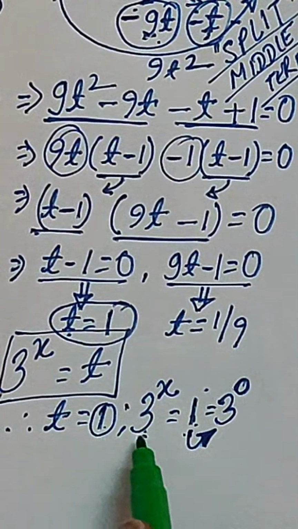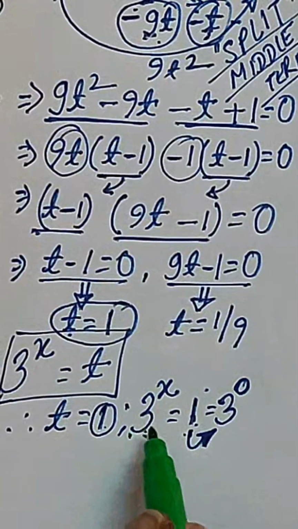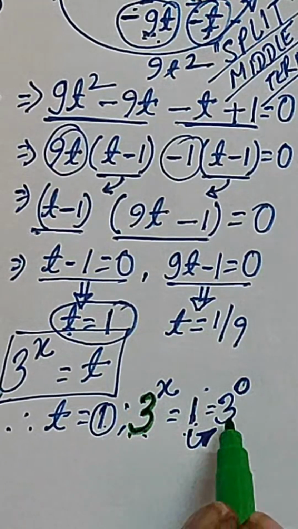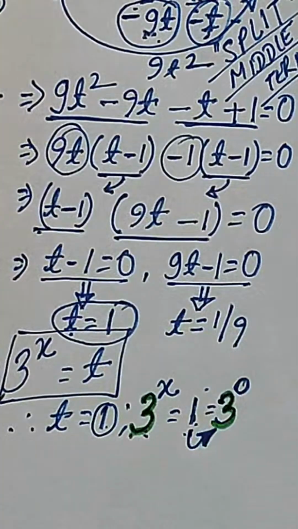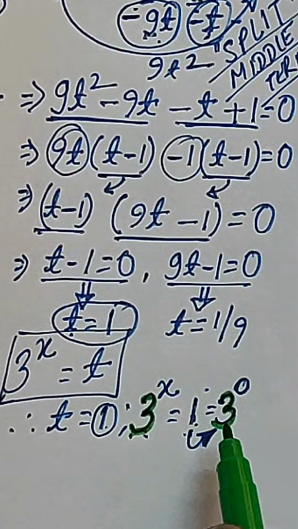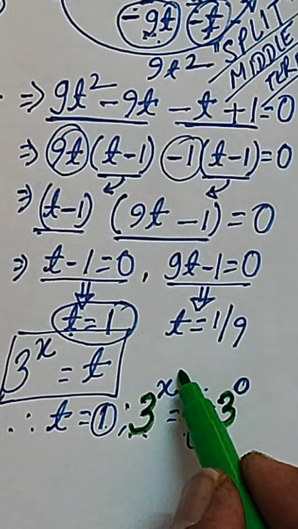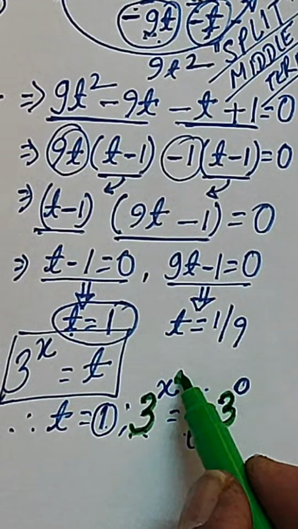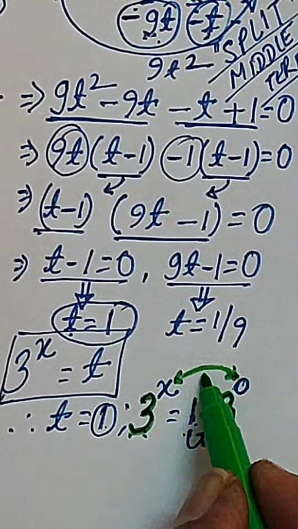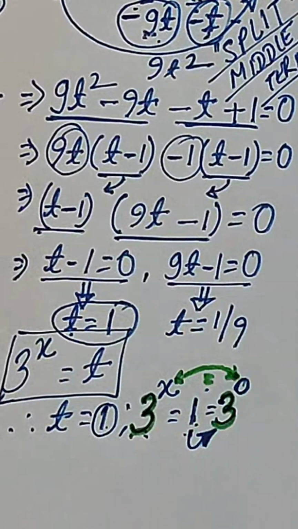You can see 3 is here as a base, and here also 3 is a base. If the bases are the same and this is an equation, we can say these exponents x and 0 are both equal, right?